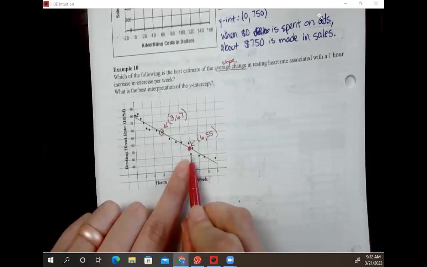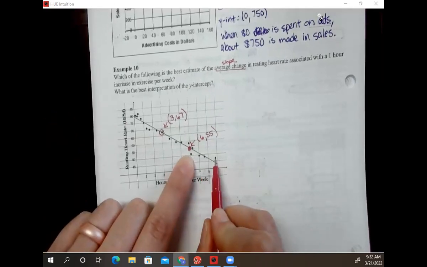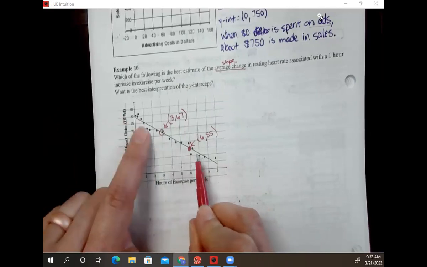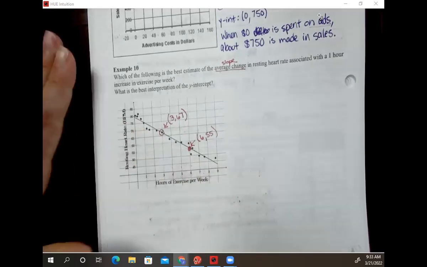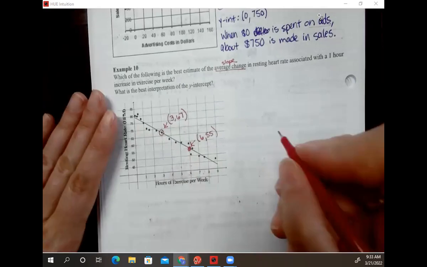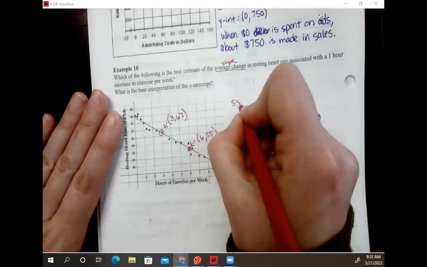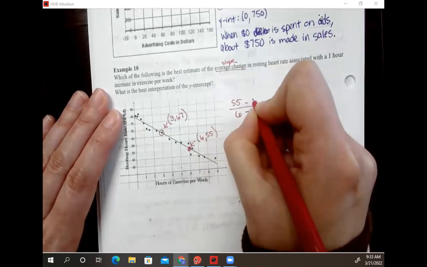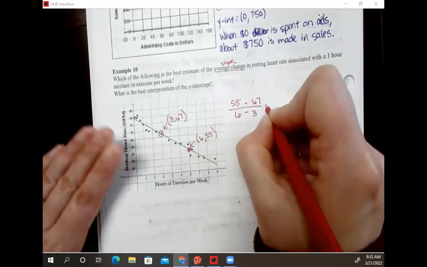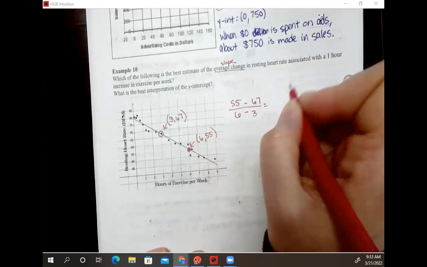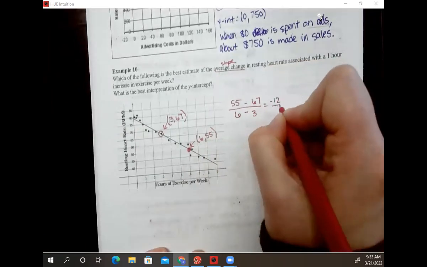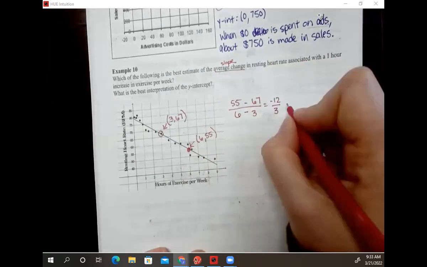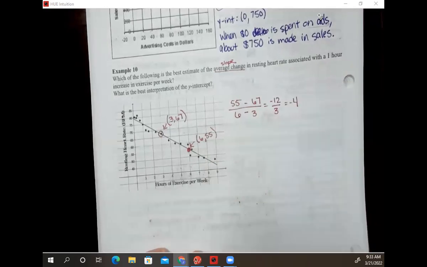I would get a very different slope if I picked these 2 points versus if I picked 2 points that are on or pretty close to the line. So I'm going to find the slope between these two. So 55 minus 67 over 6 minus 3. So we would get negative 12 over 3 here, which would be negative 4.